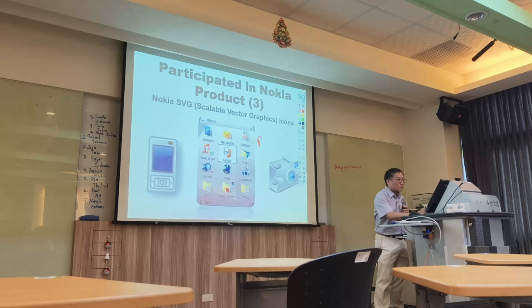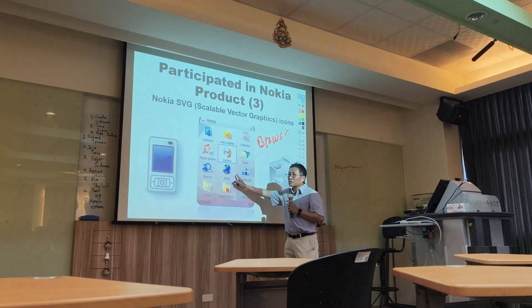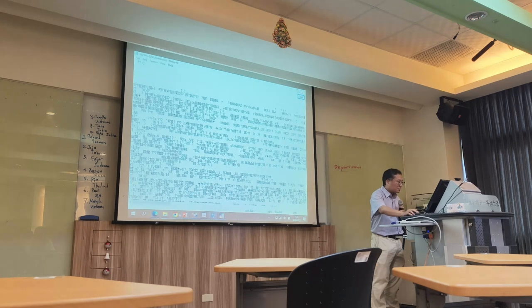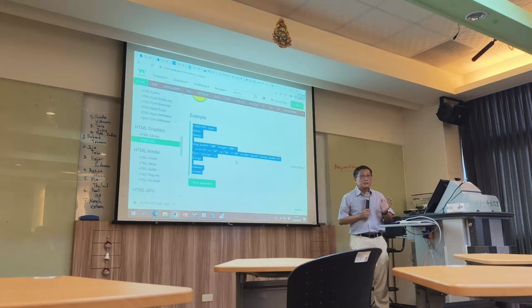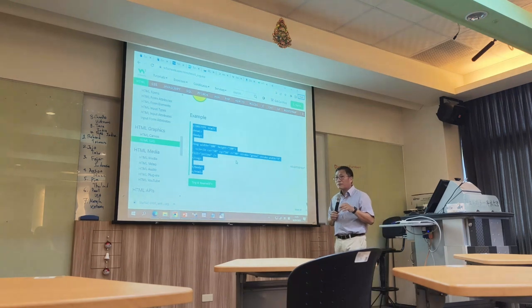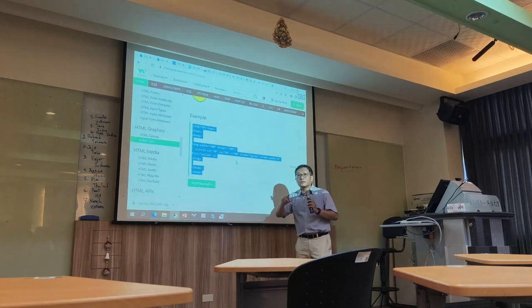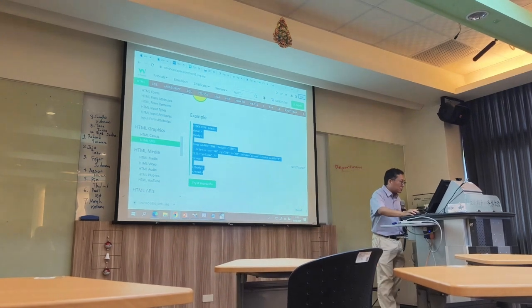Through the browser, you give the SVG file, which tells the browser how to display this picture. And SVG also allows animation, allows the picture to move, to rotate, or do whatever. So that's SVG.